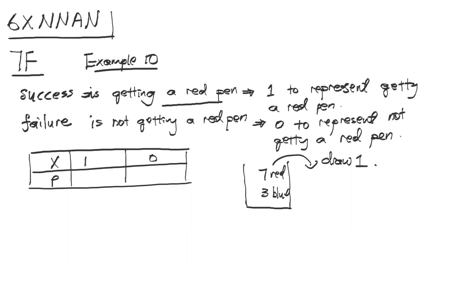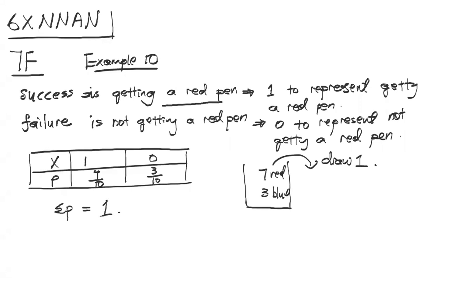Am I right? So if I have 7 red pens and 3 blue pens in the box, what is the chance of me getting a red pen? It will be 7 out of 10. Not a red pen will be 3 out of 10. So the sum of the probability is equal to 1.